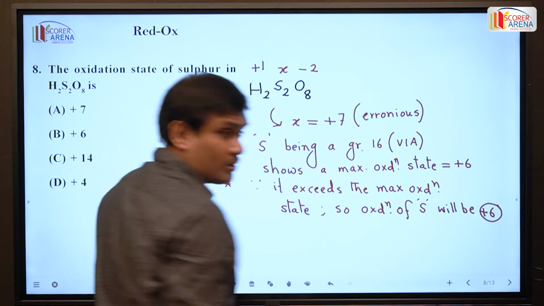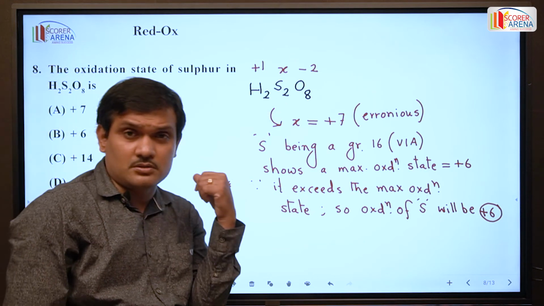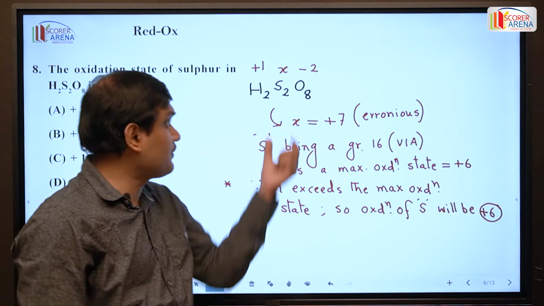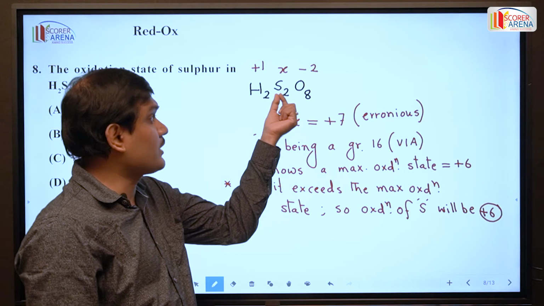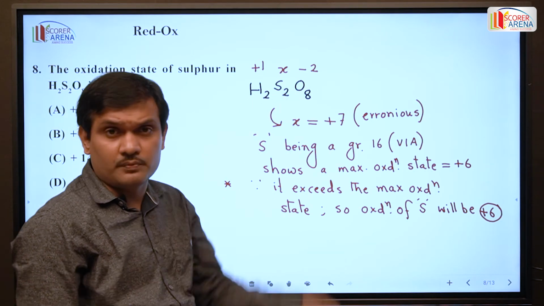And you may wonder how it becomes +6, because if it is +6, then we cannot manage the total sum of the charge to be 0.